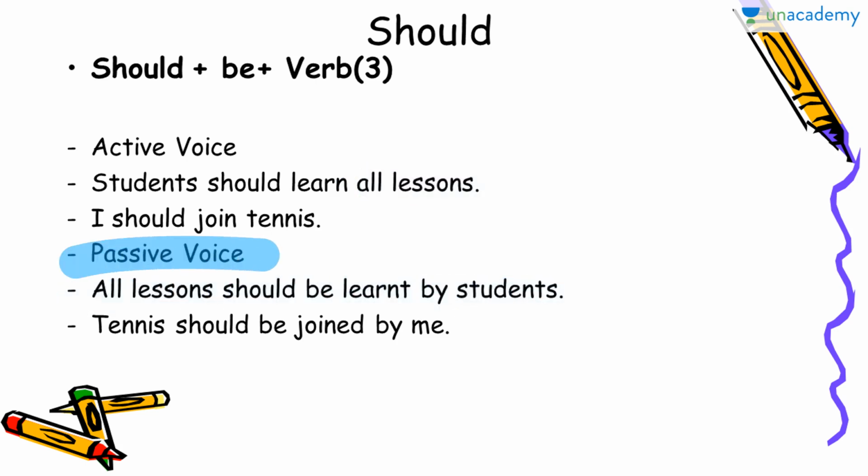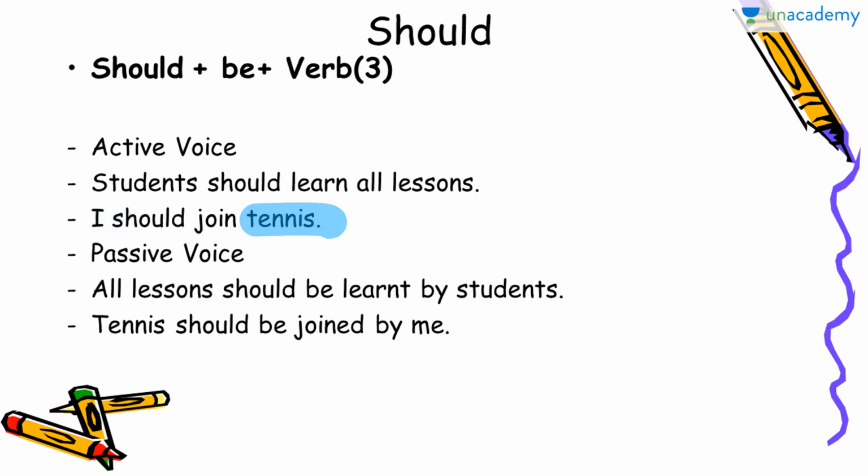So in passive voice, this object will come right away in the starting. Should will remain as it is, then be, and then third form of learn, which is learnt. Who is doing it? Students. So by students will come at the last. Another example, I should join tennis. So here we see I is the person doing the work of joining.